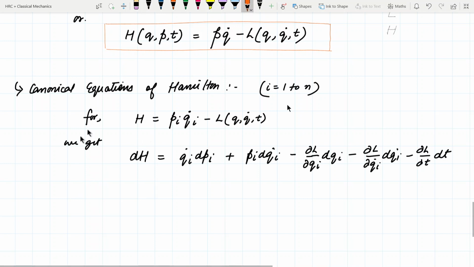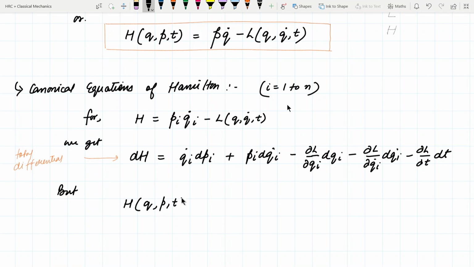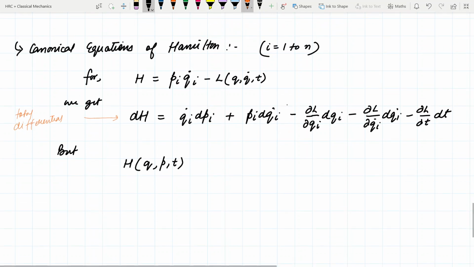So this is a total differential. But the Hamiltonian is also a function of q, p and t. So यहाँ से भी हम total differential निकाल सकते हैं.